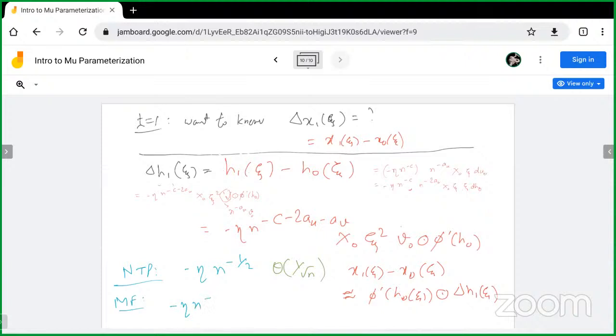So you get plus 1 minus 0 minus 1, and that's the constant. That's theta of 1.